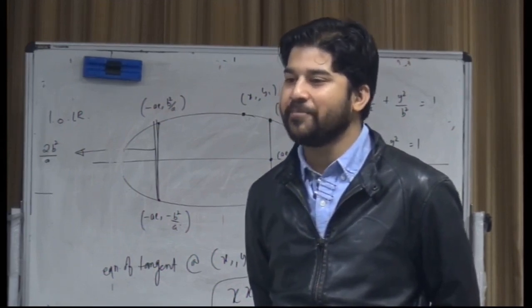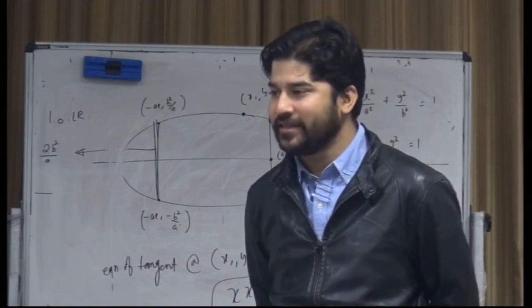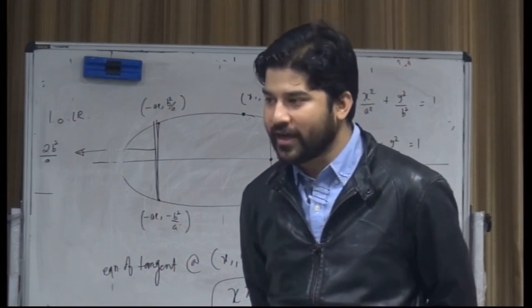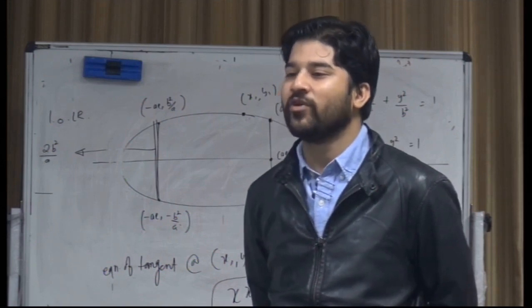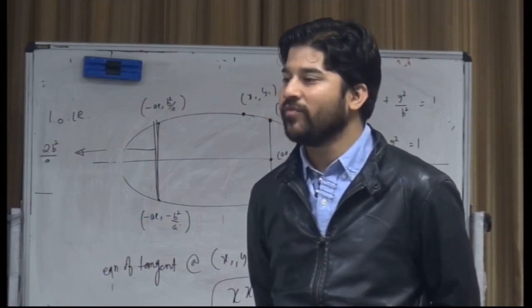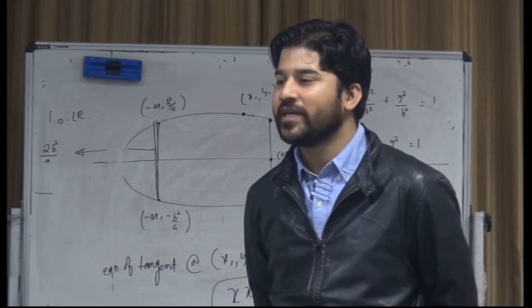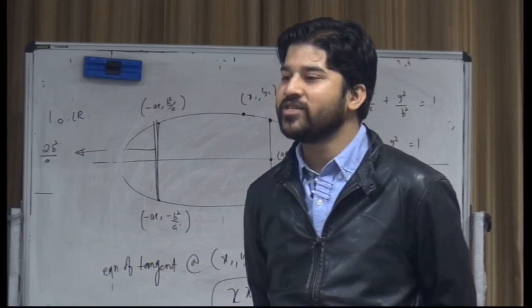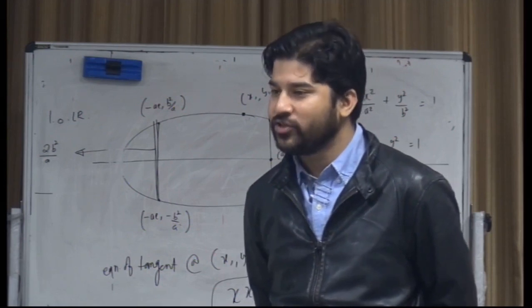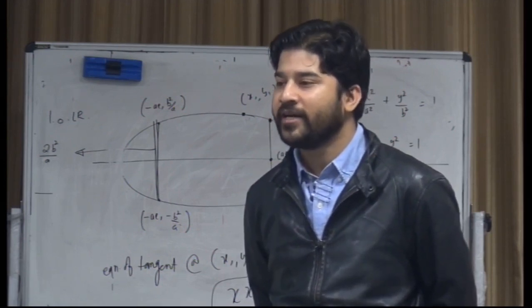Normal was a line perpendicular to tangent at the point of contact. Now, since you have already derived the equation of tangent, you can easily find out the slope of the tangent. And once you have found the slope of tangent, you know the condition of perpendicularity.